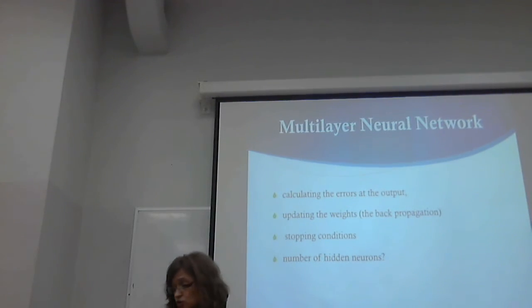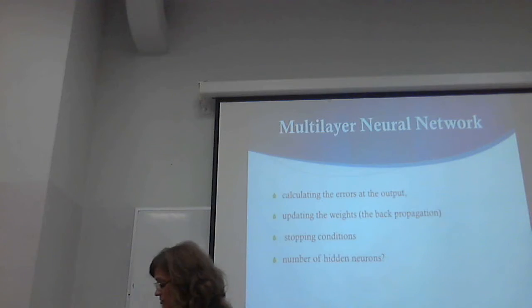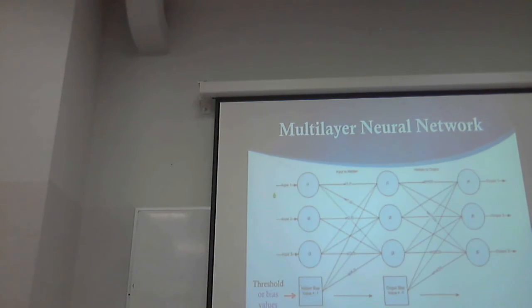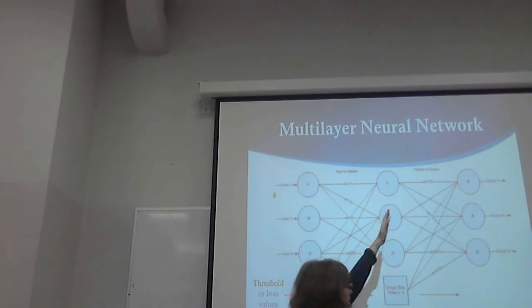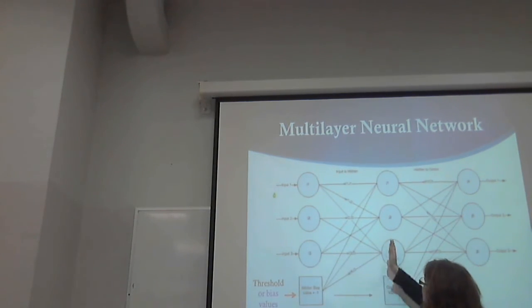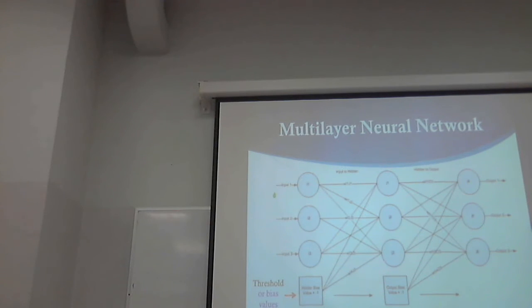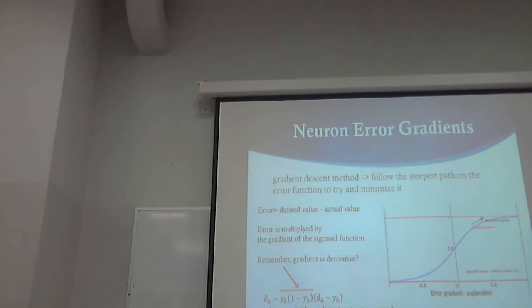And then we have to decide the number of hidden neurons. Hidden meaning that they're in the middle. This is input we see, this is output we see, and these are hidden that we don't see. This is the hidden layer. We don't know how many layers, but we have to decide on that.